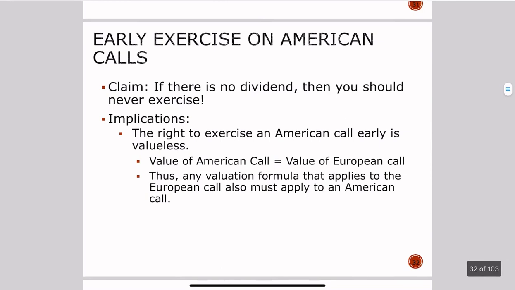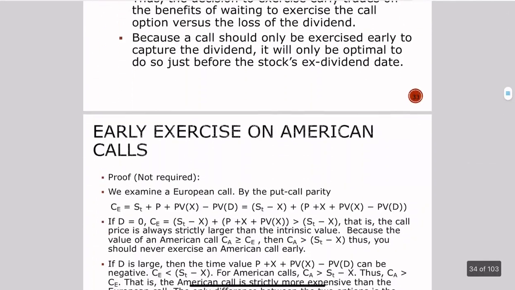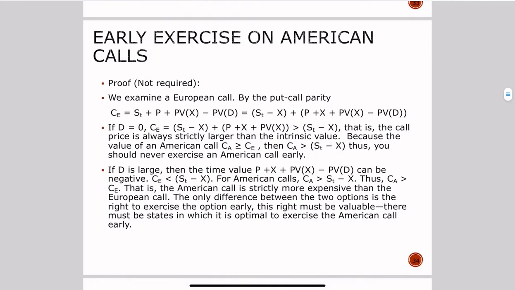First, the case when you have an American call and there is no dividend. The result is, if there is no dividend, then you should never exercise. I have a one-page proof here. It's not required, but if you have time, I would recommend you look at this.